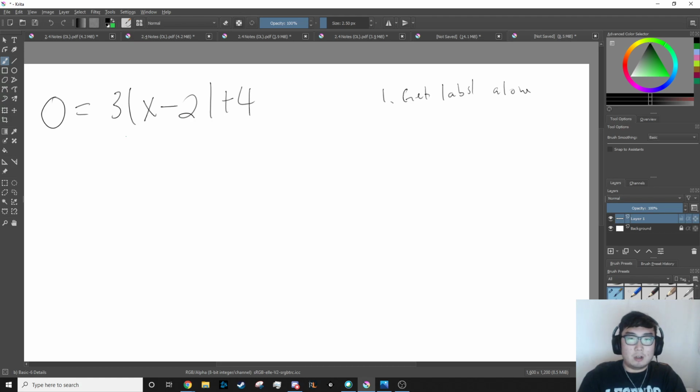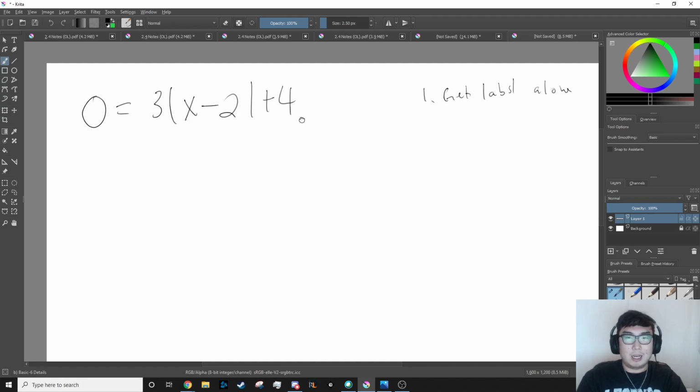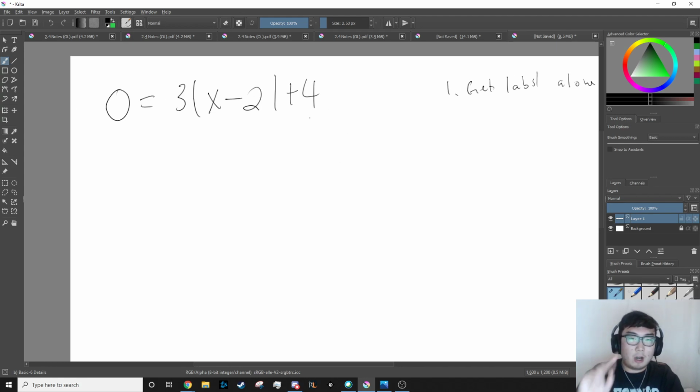And it's not alone because there's things to the left and to the right of it. So I need to get rid of it by using the opposite order of PEMDAS, which is minus 4. Subtract 4 is equal to 3 times the absolute value of x minus 2.